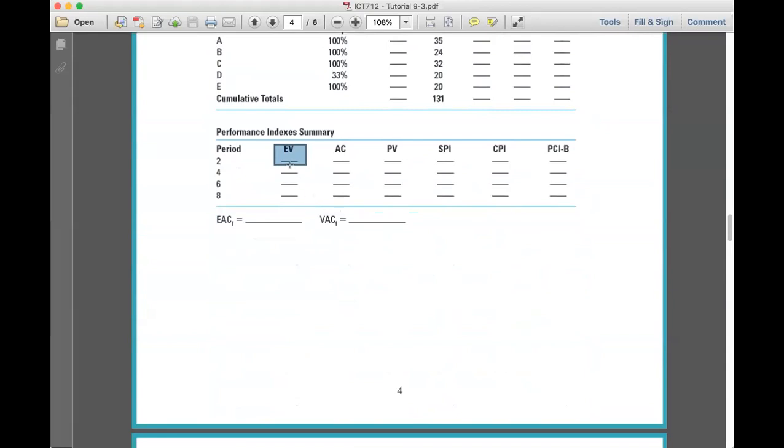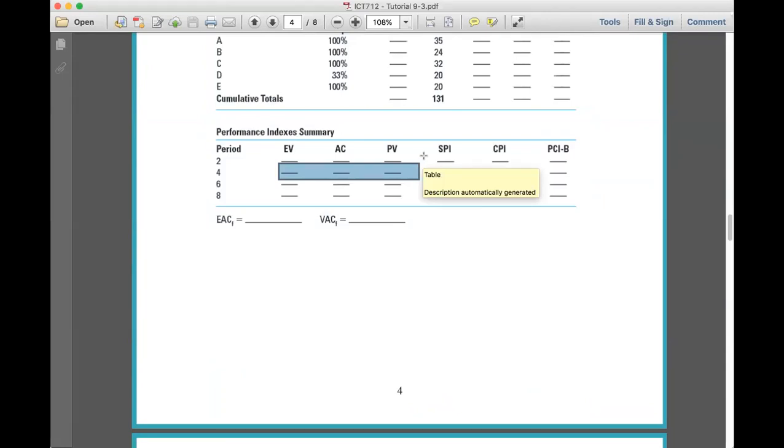We do the same here. Period 4, what do I have? 72, 59, and 64. Okay, so SPI is 72, which is earned value, divided by planned value of 64.